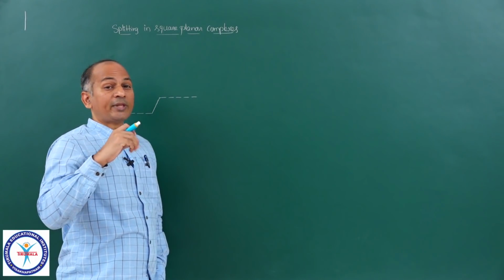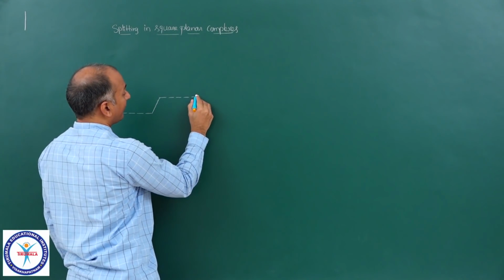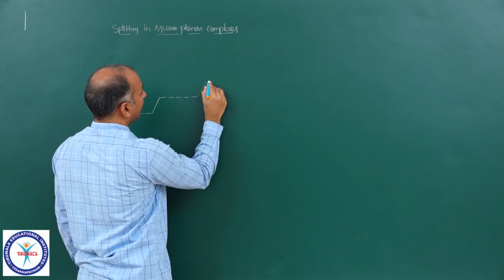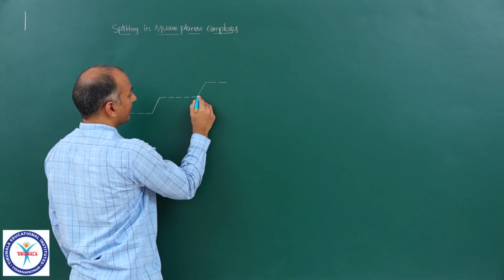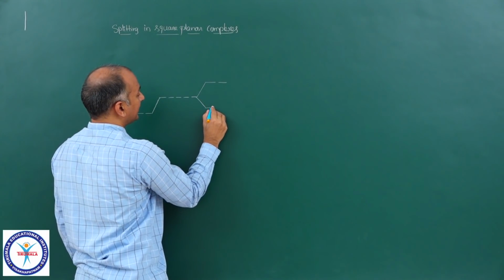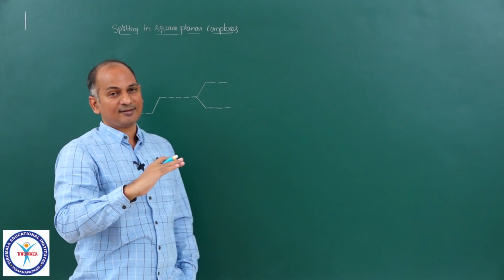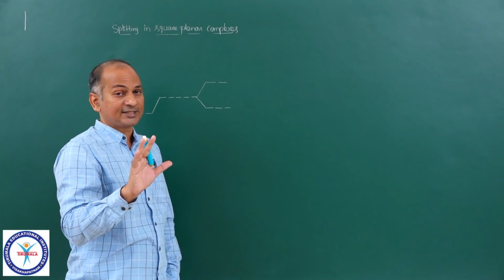Then in the actual octahedral environment, as all of you know, the energies of two orbitals are raised, and the energies of the three orbitals are lowered, stabilized. So this is octahedral splitting.